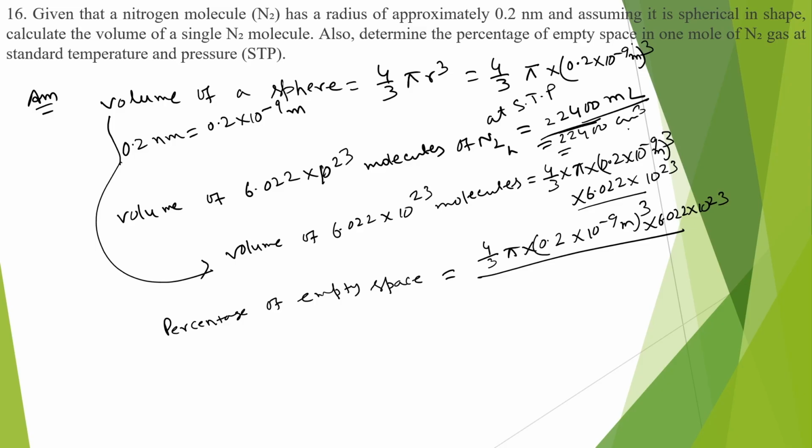So, if we convert into decimeter cube, we get meter cube. Okay, so 22,400 times 10 to the minus 6 meter cube. So, 22,400 times 10 to the minus 6. This is in meter cube. So, if we calculate this one, then we get the percentage. Okay, so you need to do the calculation here.